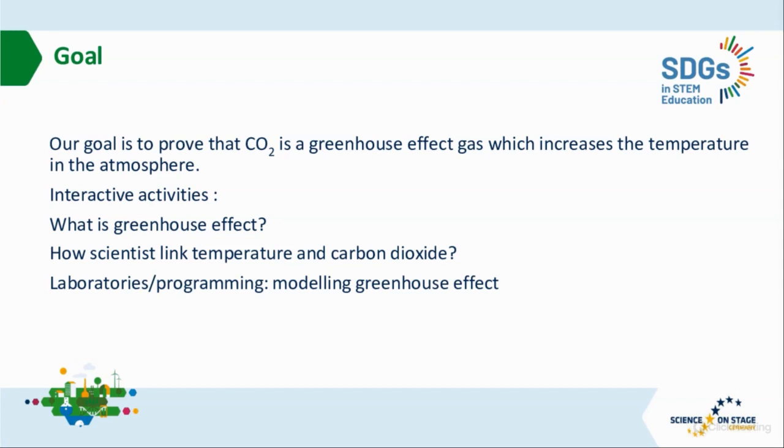So we will try to show what a greenhouse effect is and how scientists link the increase in temperature with the increase of carbon dioxide in the atmosphere and with the combustion reactions that we will study in this section and that were studied in the previous one as well.